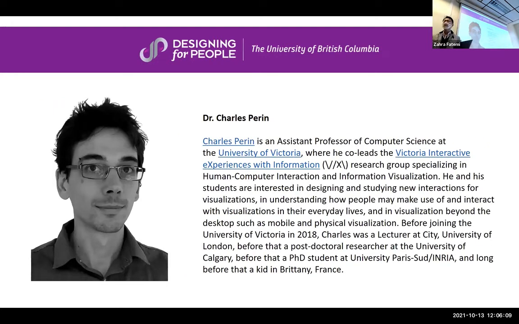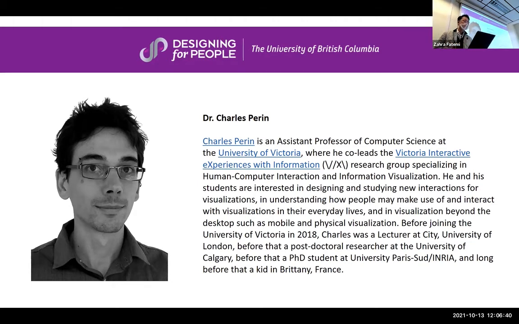Today, we will have Charles Perin. Professor Charles Perin is an assistant professor of computer science at the University of Victoria. He has been the most visible in the domain of visualization. He has published many impactful papers at InfoVis, IEEE VIS, and some of the HCI conferences like SIGCHI.